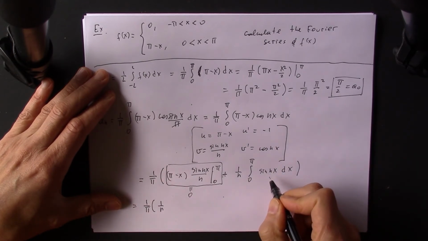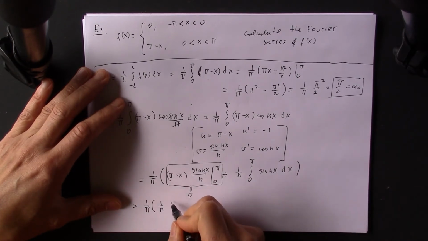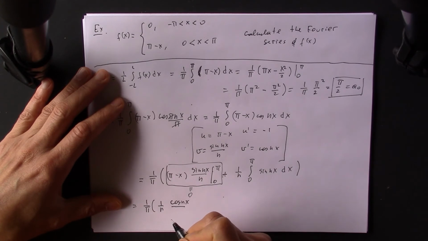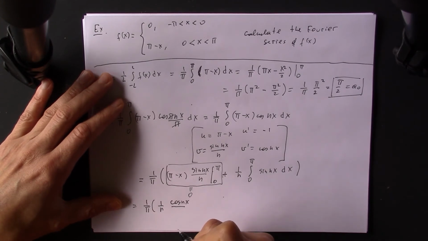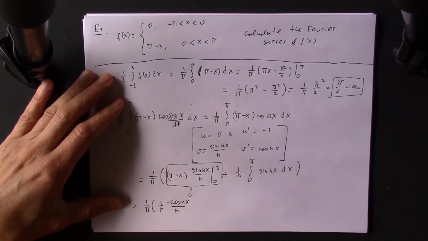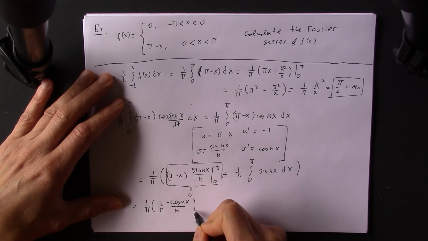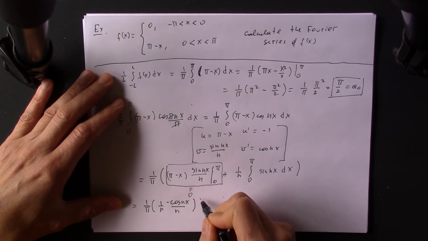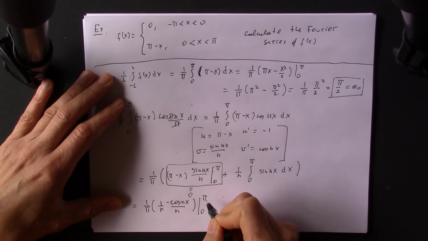The antiderivative of sine of nx is negative cosine of nx over n, because when we take the derivative, sine gives a negative, and it's from 0 to pi.